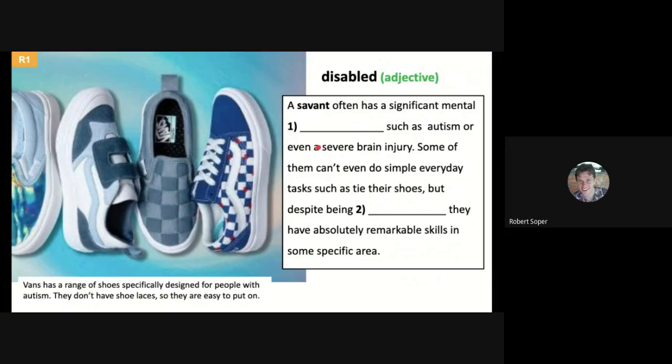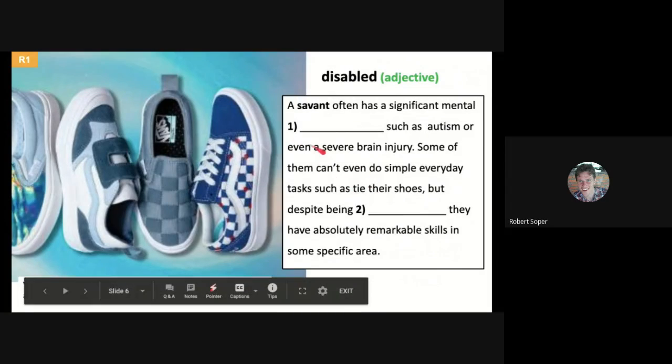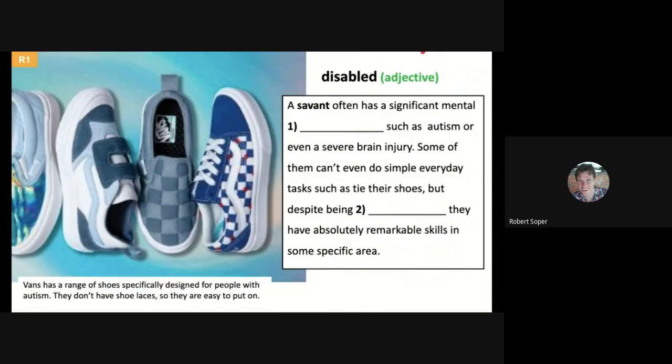In this gap fill, you have two gaps, number 1 and number 2. You're going to be using this word disabled to help you in your answer. But you're going to have to decide whether you need the noun form of disabled, the verb form of disabled, or the adjective form of disabled in your answers.